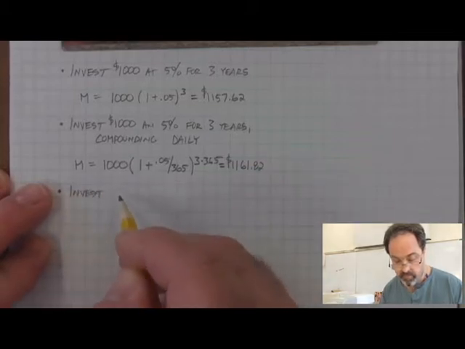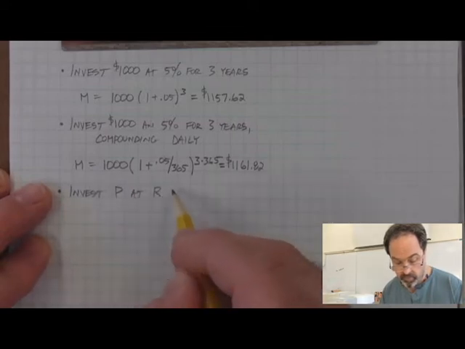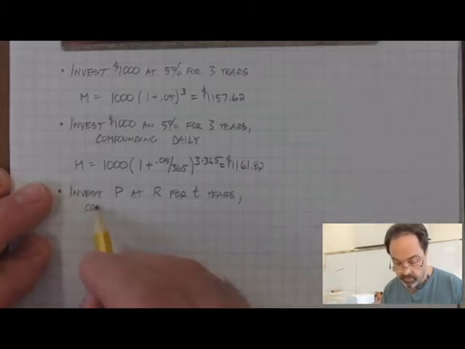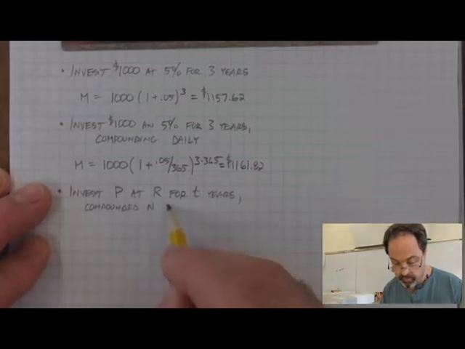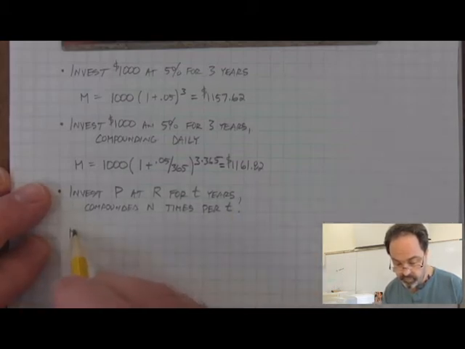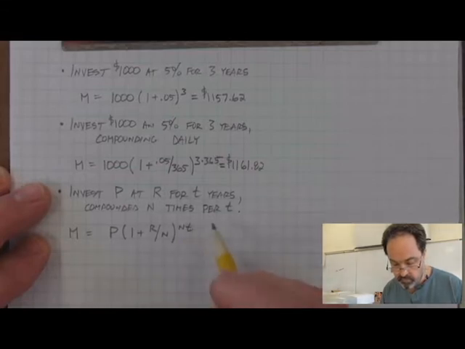In this case, we're going to consider investing a principal P at an interest rate R for T number of years, and compounded n times per time period T. The general equation is the amount of money will be equal to the principal times 1 plus the interest rate divided by the number of times we compound, to the number of times we compound times time.